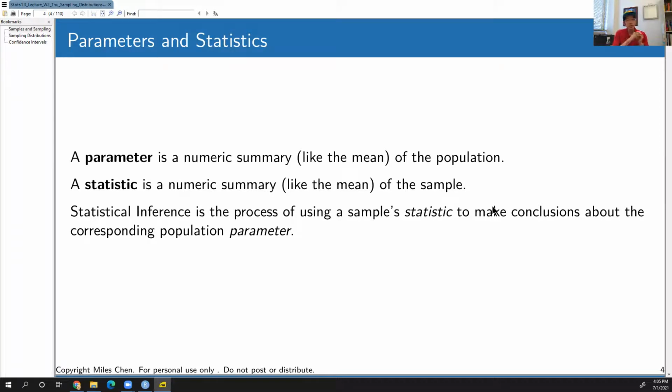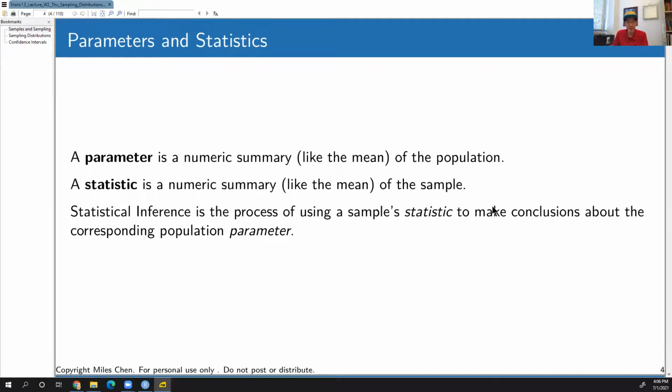In order to distinguish between the mean of the population or the mean of the sample, we call numeric summaries of the population parameters, and we call numeric summaries of the sample a statistic. All right, and that's kind of where the name of the subject itself comes from.